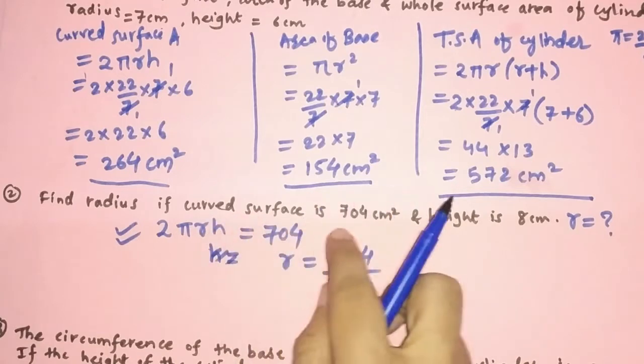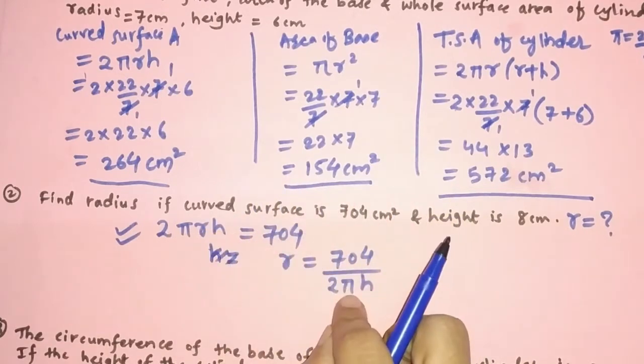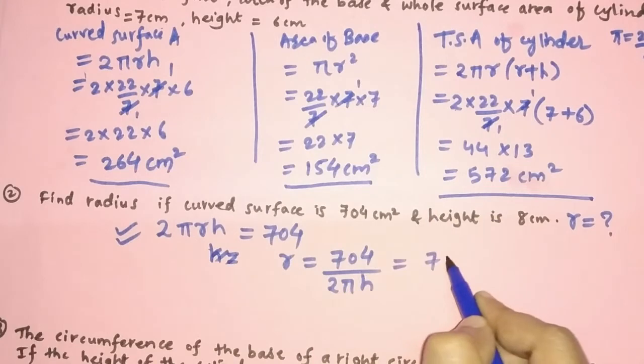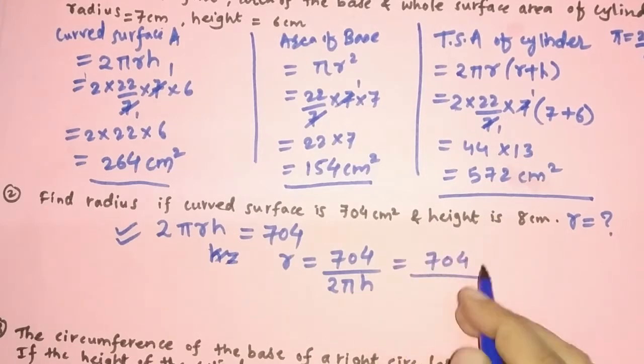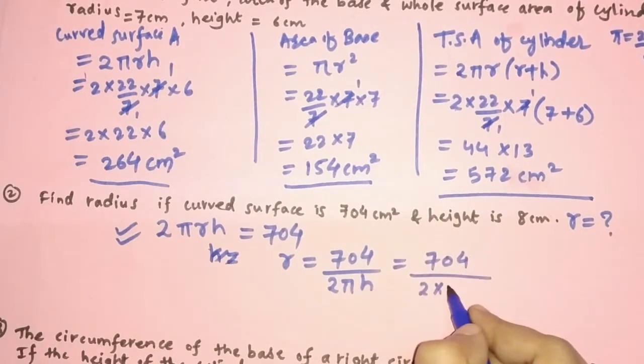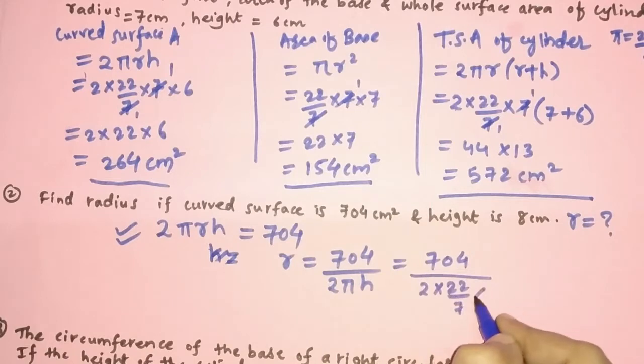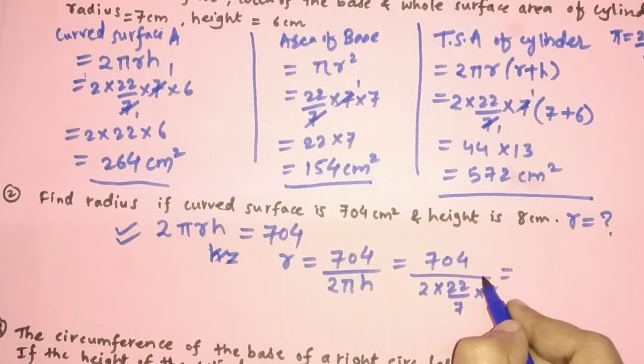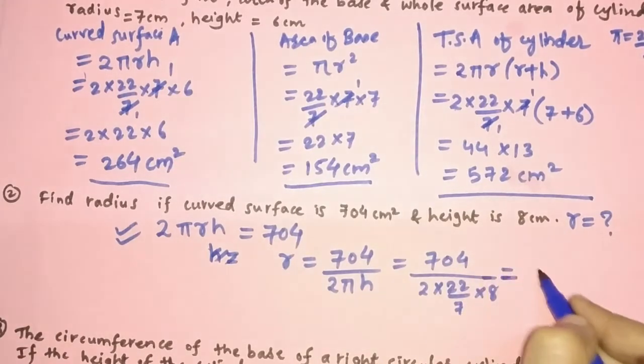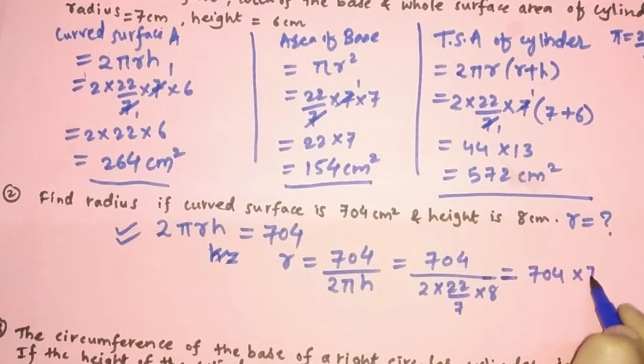Radius is equal to 704 divided by 2 pi h, which will go in the denominator. So 704 divided by 2 into pi's value, 22 upon 7. Height is 8. Okay friends. So this 7 will go in the numerator. In denominator 2 into 22 into 8.